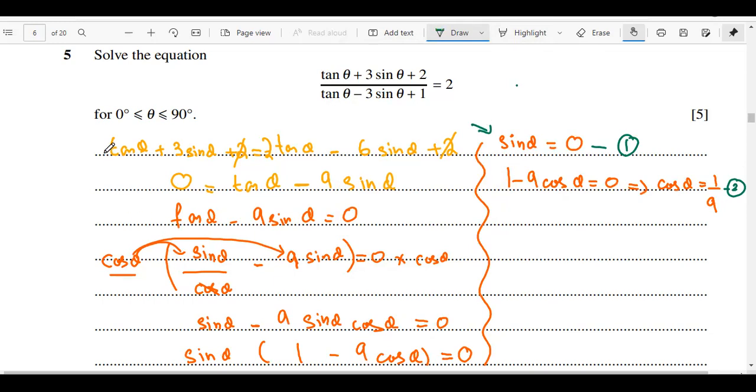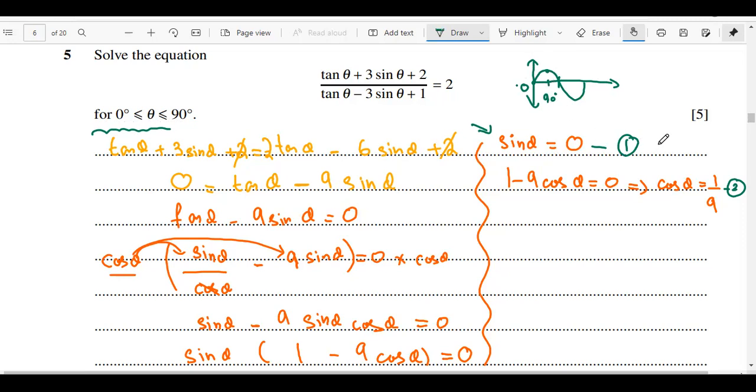This is your range, and from this range you need to think what values of theta give you the value of the function 0. So I'll make the graph of sine quickly. This is sine, and this is 180 and this is 90 degrees. We are only interested from this point to this point.